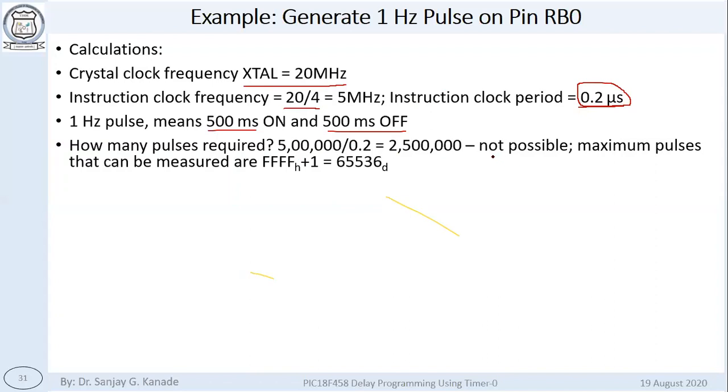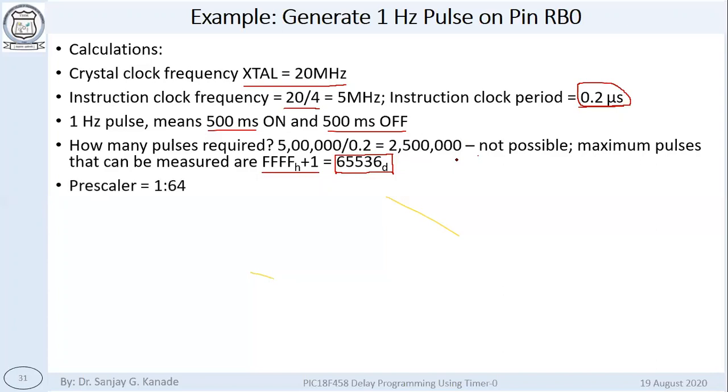But it is not possible using timer 0 simply, because the maximum pulses that timer 0 can measure even in the 16-bit mode is FFFF plus 1, that is in decimal 65536, right? Maximum these many pulses can be measured by timer 0 in 16-bit mode without using a prescaler. But we want many more pulses in this setting, so this is not possible.